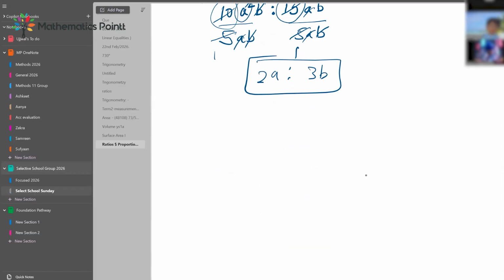So I have now 36 m cube n square ratio 48 m square n square. Can I have the answer, please?